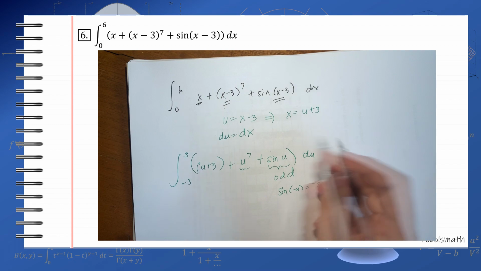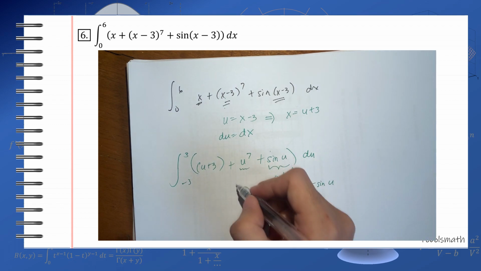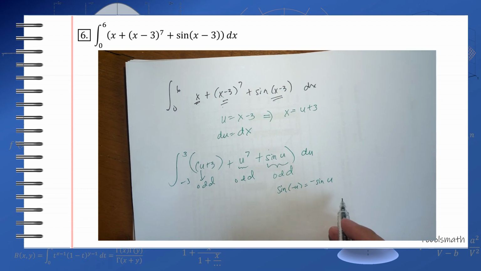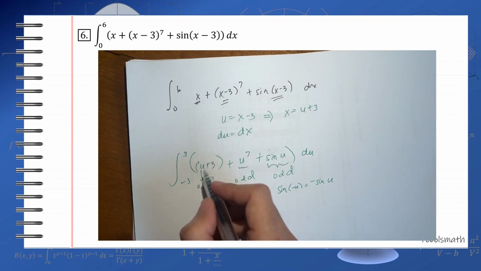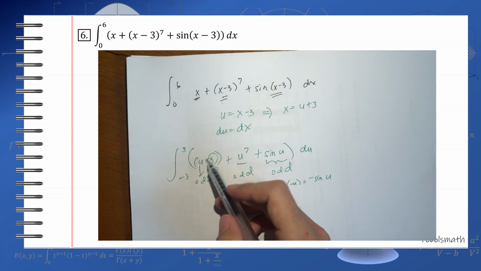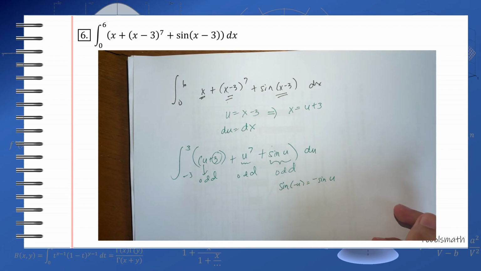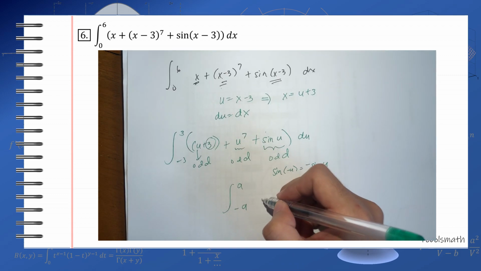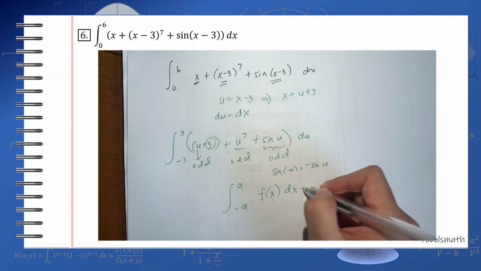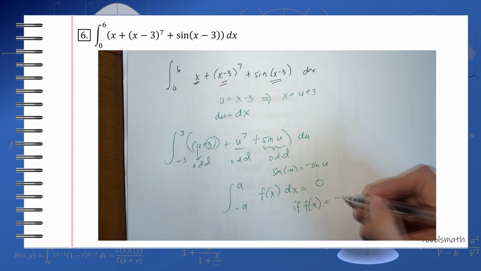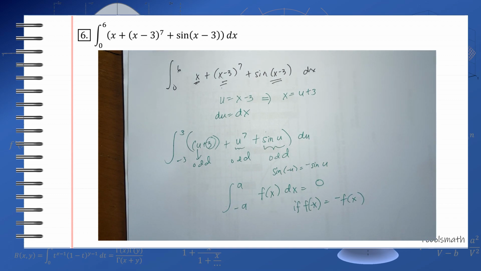This is also odd because the exponent is odd. This is odd. So we are only left with this term, which is an even function. All the rest becomes 0. It's because of this property: negative a to positive a of f of x dx is equal to 0 if f of negative x is equal to negative of f of x.